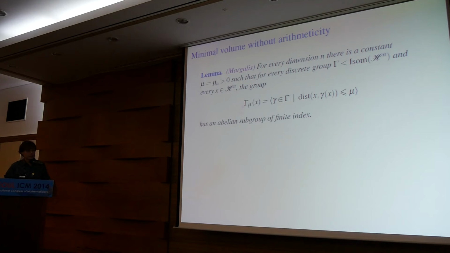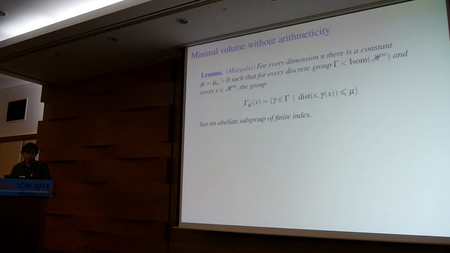It says that the quotient space can be decomposed into a thick part, where the injectivity radius is bigger than the Margulis constant, which depends on the dimension, and a thin part, which looks like a cylinder. This lemma immediately tells you that if you look at a hyperbolic manifold, then its volume in dimension n is uniformly bounded below by a Margulis constant.